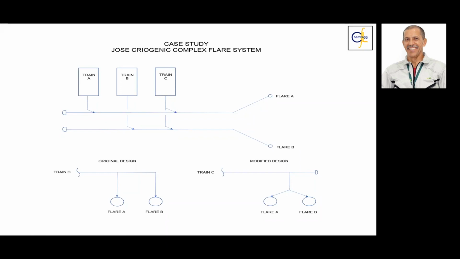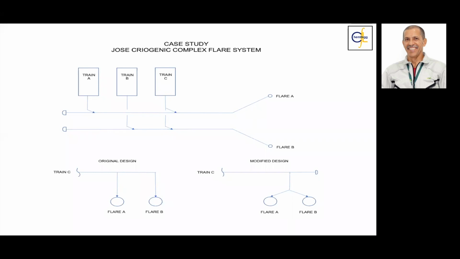This NGL is reprocessed. This plant has several distillation columns to recover propane, n-butane, isobutane, n-pentane, and gasoline. The main products they are interested in are propane, normal butane, and isobutane.